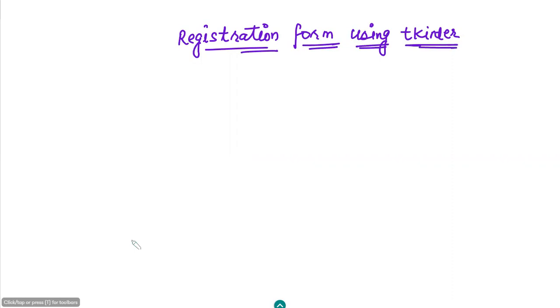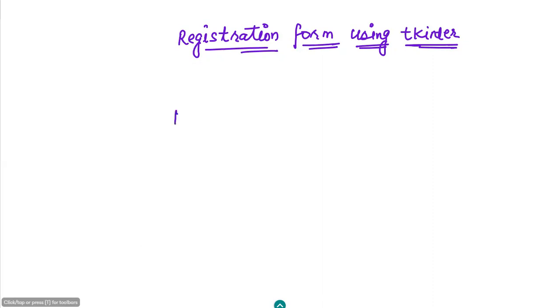Right. So first we will create some labels and their entry boxes, right? So the look of the registration form will be like that.